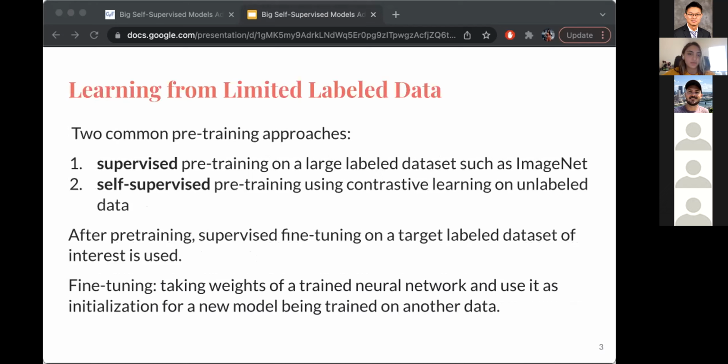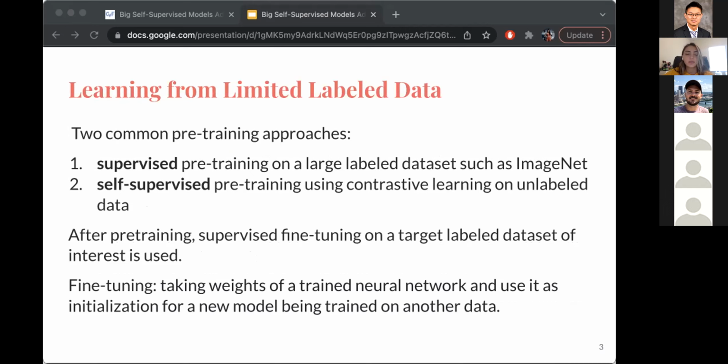In a related work section in the introduction, they're mentioning that there are 2 common pre-training approaches that have been used commonly. One is the supervised pre-training on large labeled data sets such as ImageNet. But in medical images, we don't have a lot of labeled data sets.